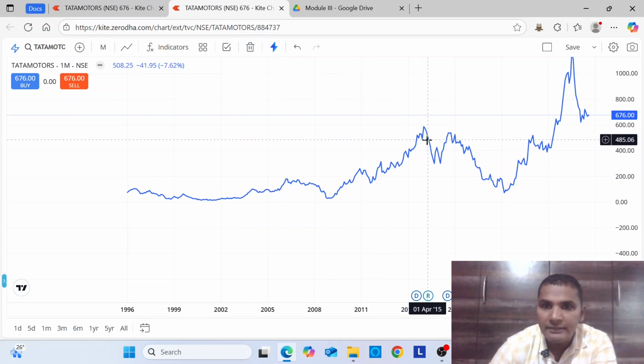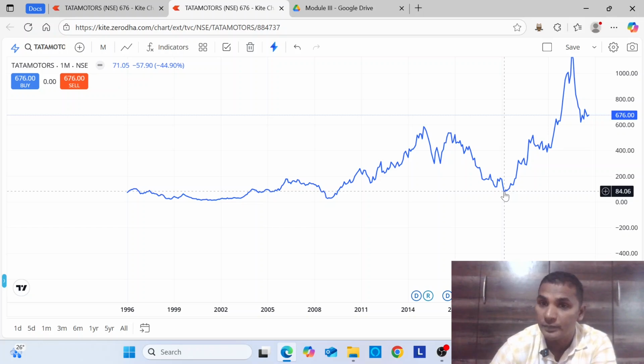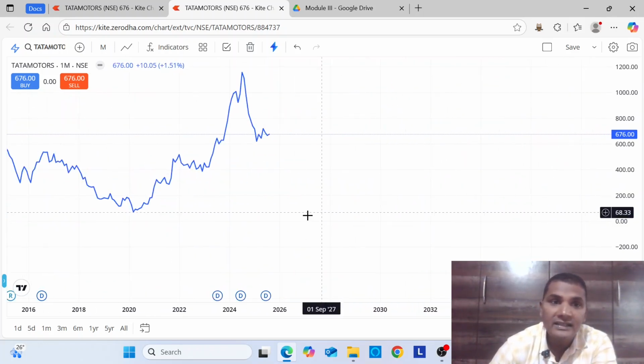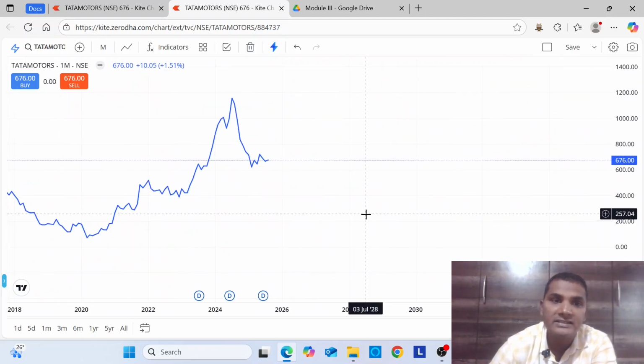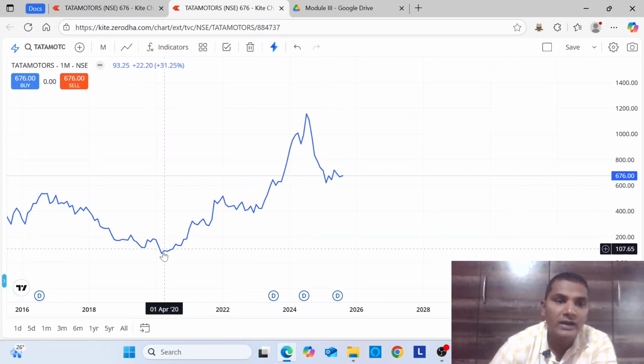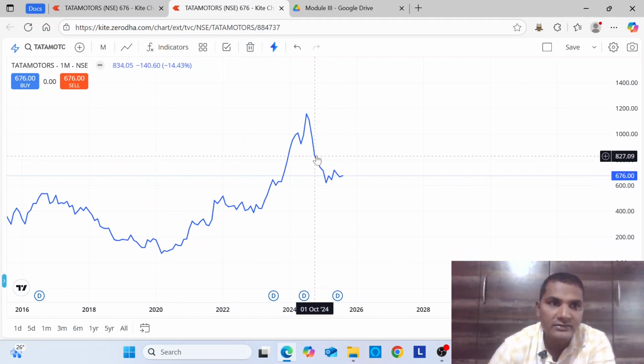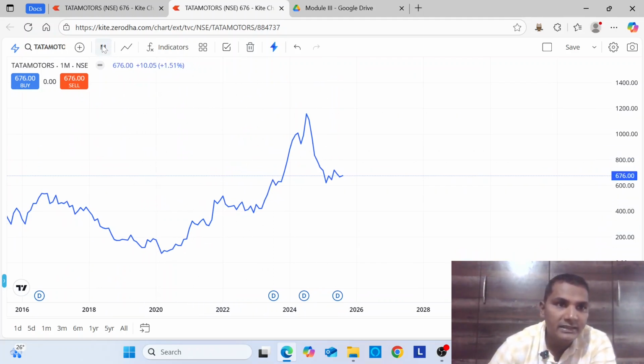In the Corona time, you can see the stock came down from 550 to around 91, 90, 84 rupees. After 2020, it has been rising continuously. This is the monthly time frame.